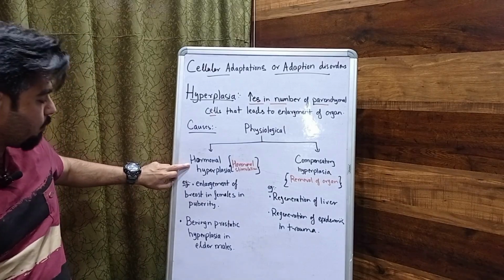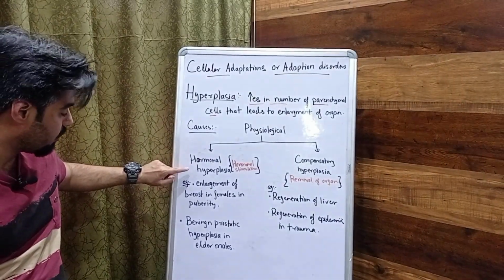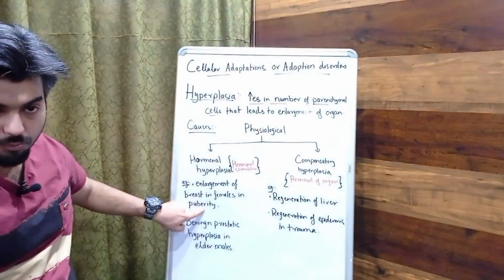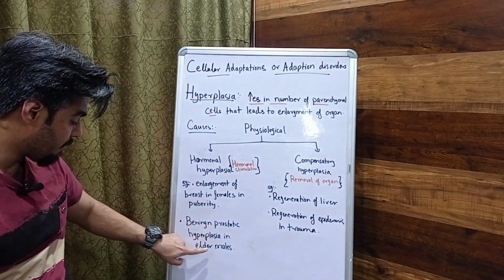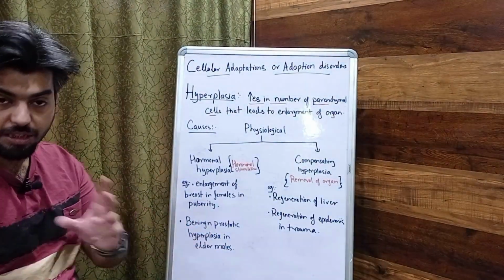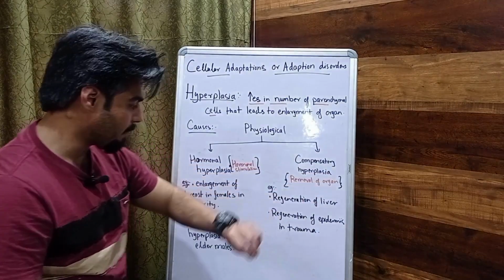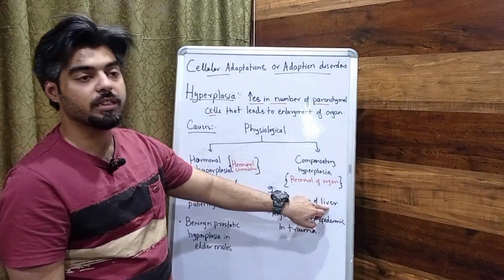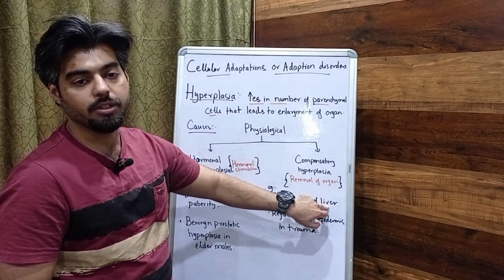So once it comes to hormonal hyperplasia, the examples are enlargement of breast in females in puberty. Fine. Next, benign prostatic hyperplasia in elderly males or in old age, that is enlargement of prostate gland. Next, compensatory hyperplasia. Examples are regeneration of liver in case of certain hepatic surgeries.